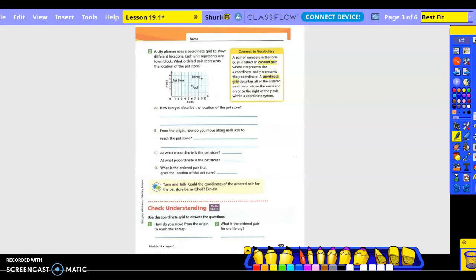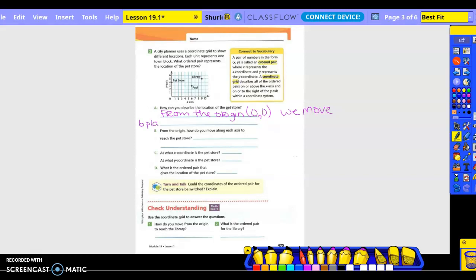So how can you describe the location of the pet store? So from the, where do we start? The origin. We start at the origin, right? And the origin starts at what? 0, 0, right? Okay. We move how many places?